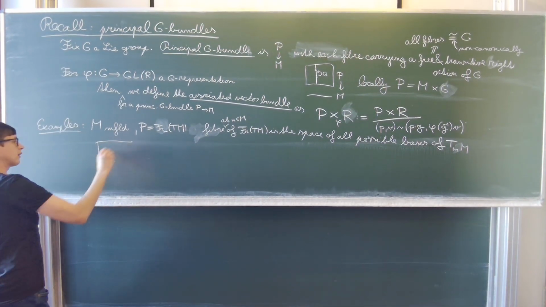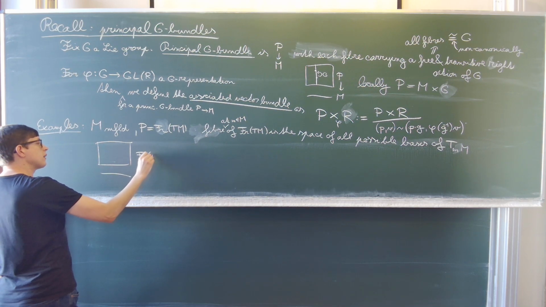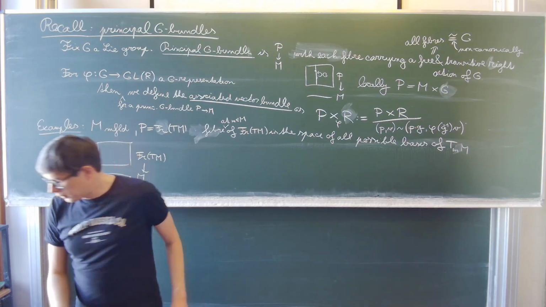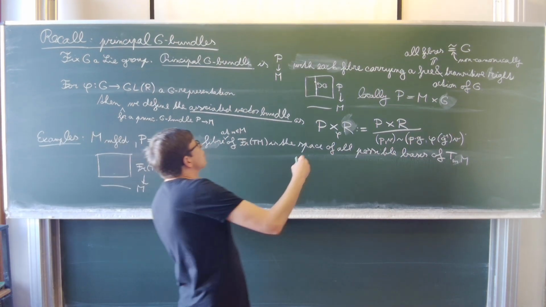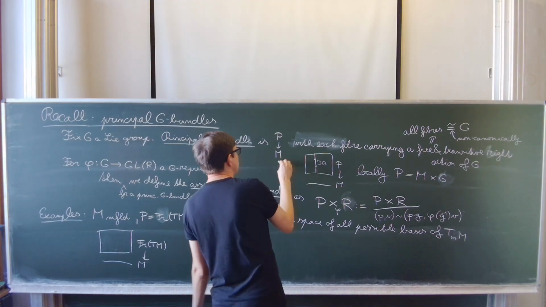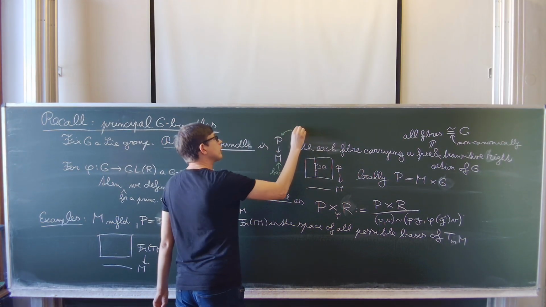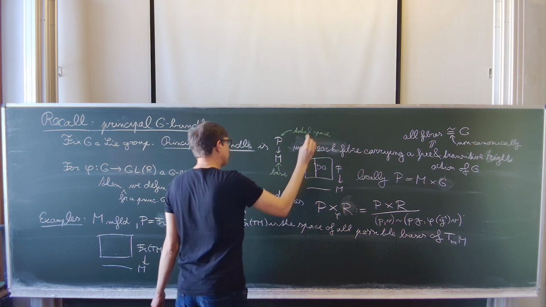So the picture is like this. M, and I have this big space P. To throw in some other words, this thing is called the base of the principal bundle, and this thing is called the total space. That's the name of these two manifolds.